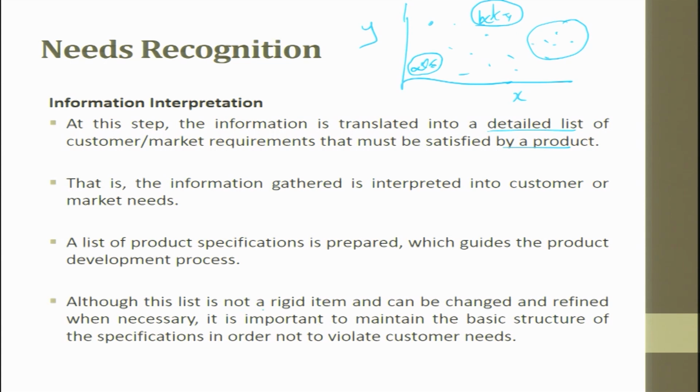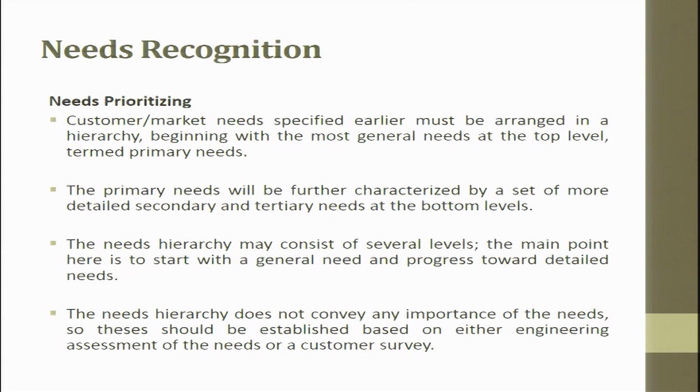Although this list is not a rigid item and can be changed and refined as and when necessary, it is important to maintain the basic structure of the specification in order not to violate the customer need. So, then we do need prioritization.